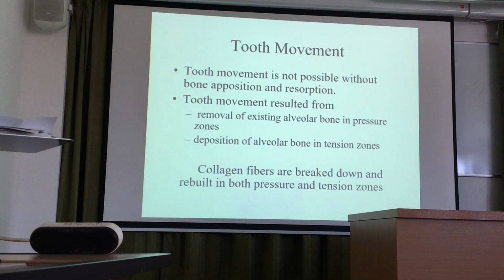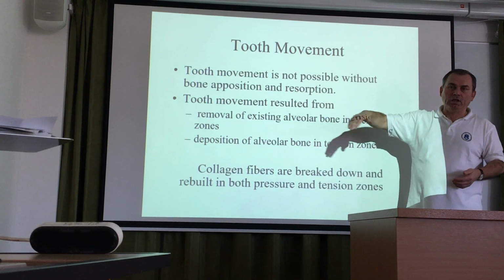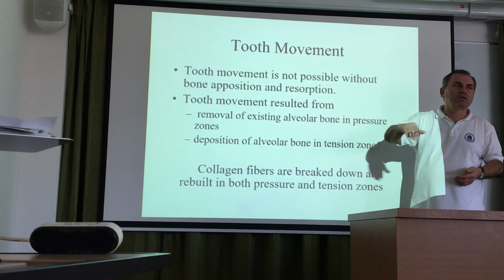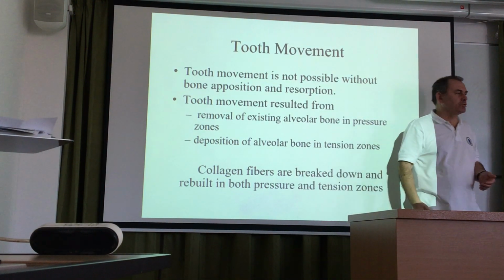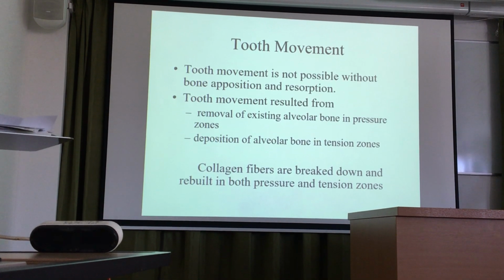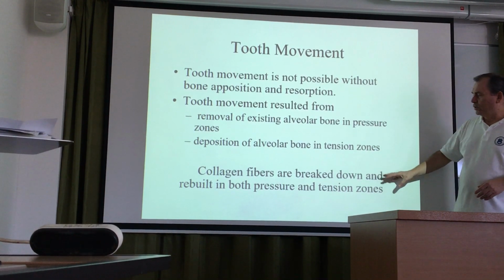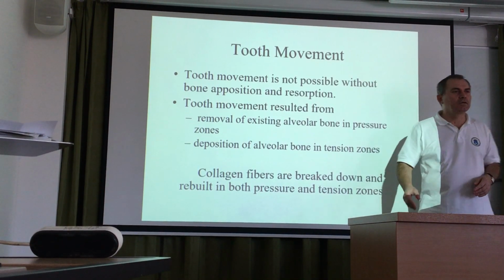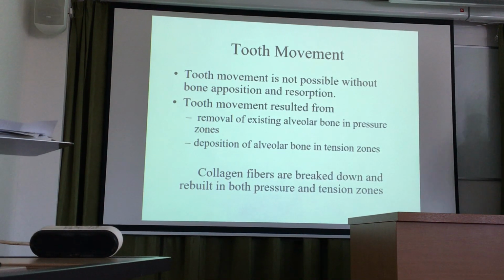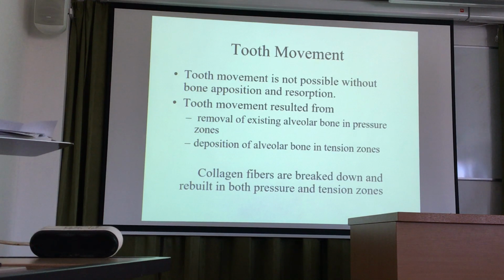And of course, we have bone in the periodontium, but also non-mineralized tissues, for example, the periodontal membrane, and the collagen fibers of the periodontium, the periodontal ligament, are remodeling as well.